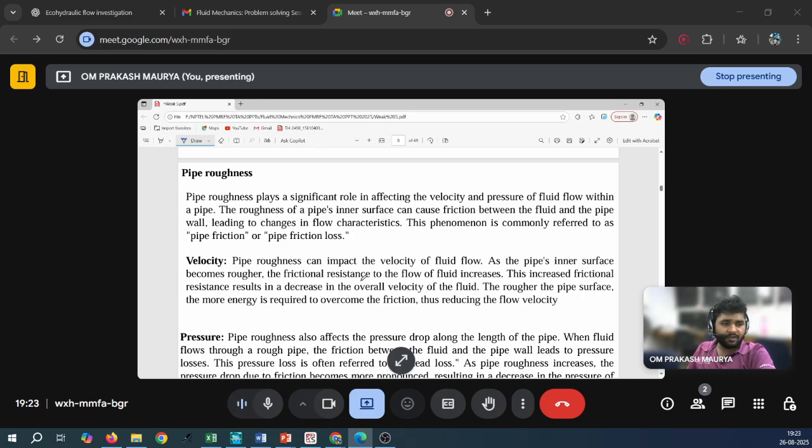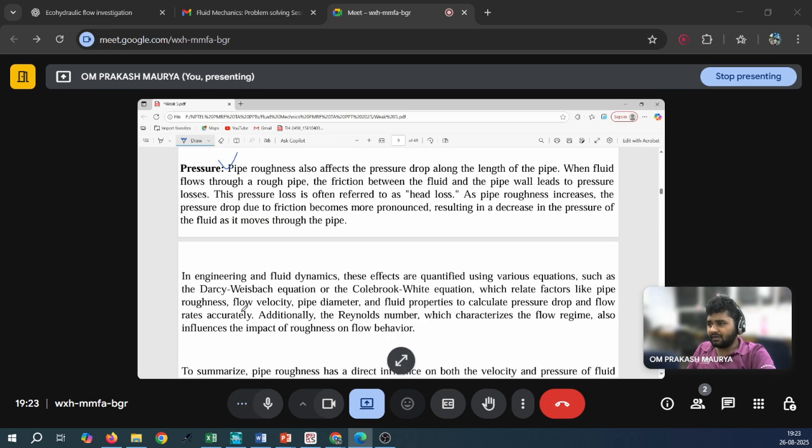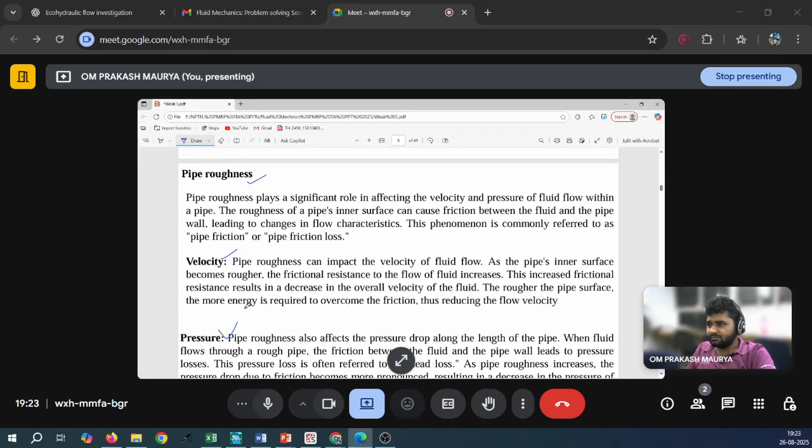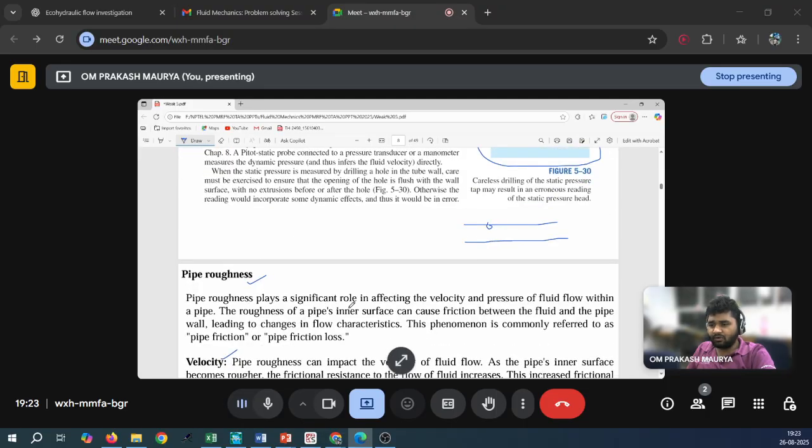So before moving ahead to the problems, let us discuss the pipe roughness and the velocity and pressure. You already know the pipe roughness. Actually, this comes from the friction between the fluid as well as your pipe material.